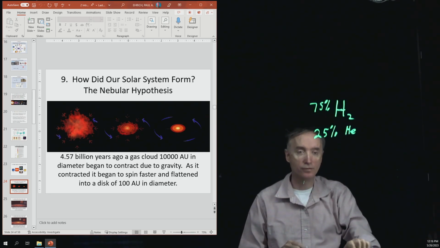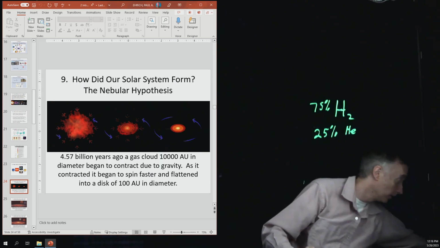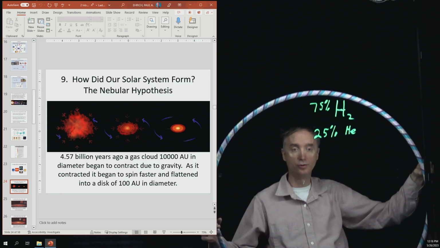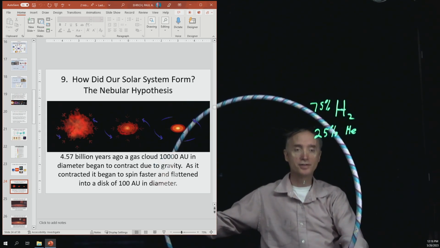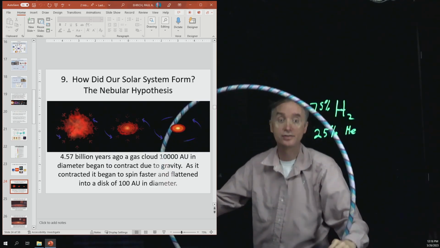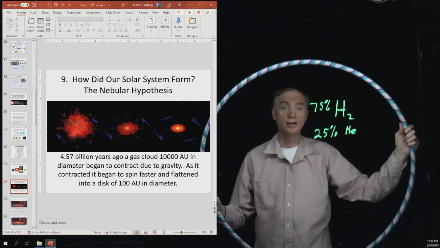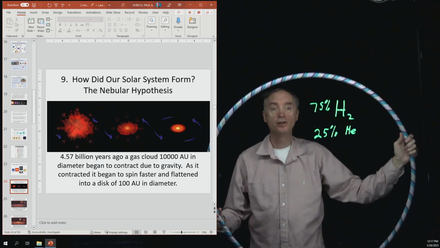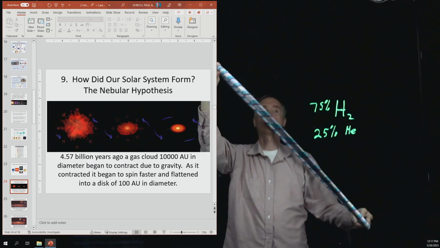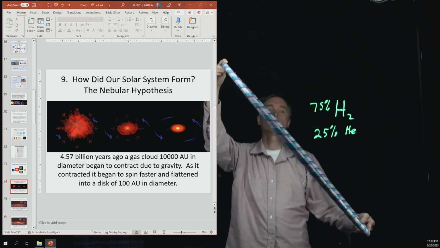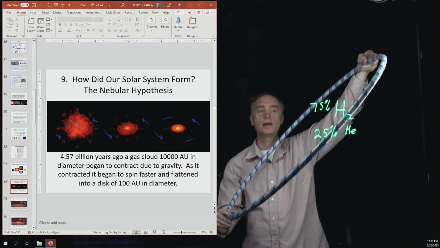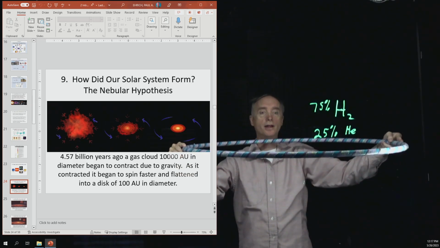Well, I just happen to have with me an orbital simulator, which actually looks remarkably like a hula hoop, but this is going to simulate the orbits of these different kinds of gases and particles. Okay, so originally some of the gases could have been orbiting like this, and then some of them could have been orbiting like this, and then some of them would have been orbiting like this.